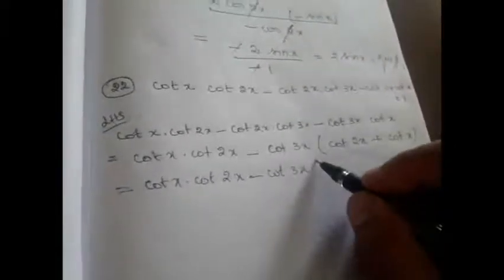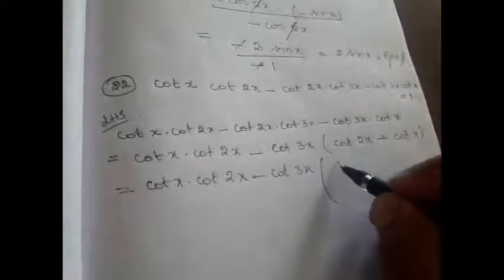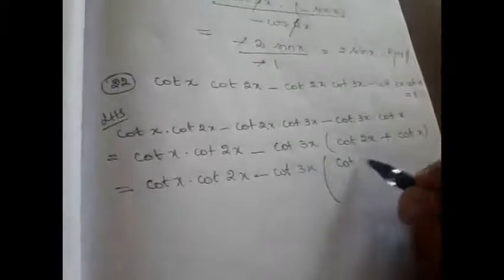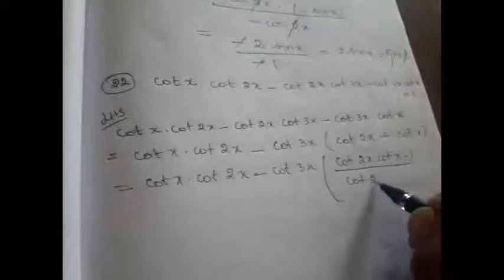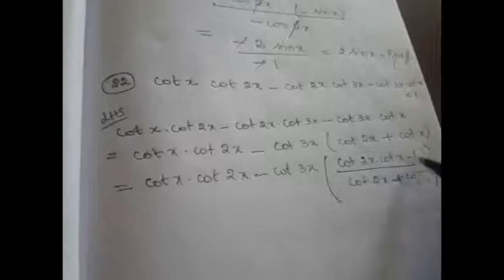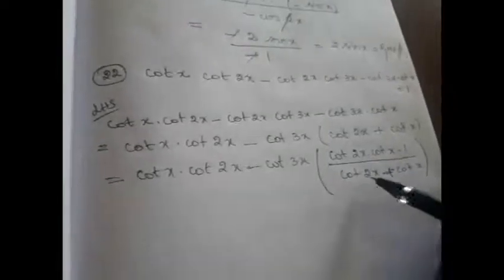This is cot a plus cot b. What is cot a plus cot b? Cot a cot b minus 1 divided by cot a plus cot b. Hope you remember, cot x plus cot y is cot x cot y minus 1 divided by cot x plus cot y.